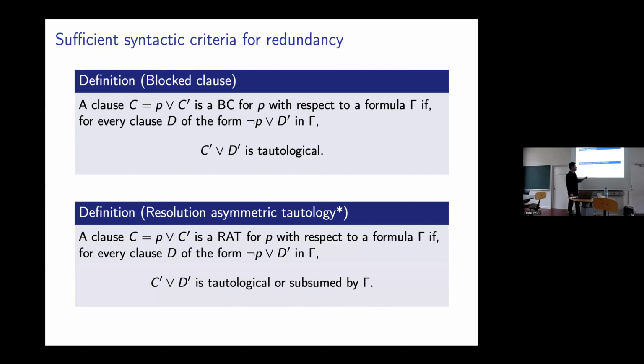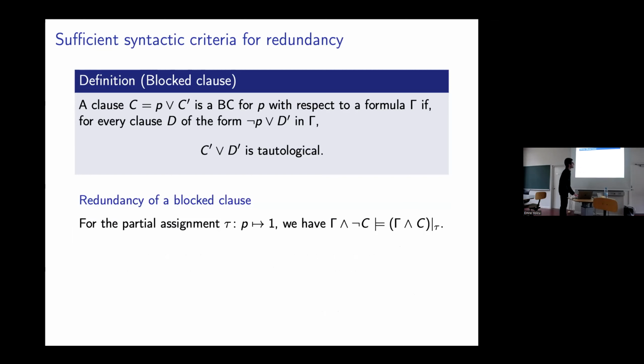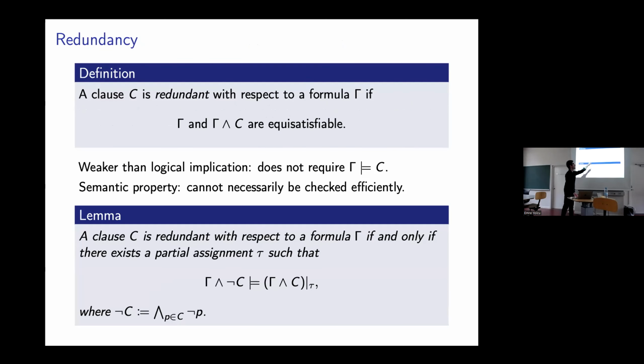And subsumed means that there is some clause in gamma which is a subset of this clause. All of these are actually restrictions of this implication relationship. So you basically take this definition and you relax it to relationships that you can efficiently compute.